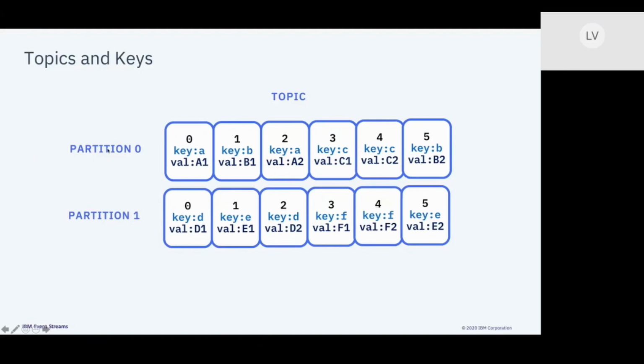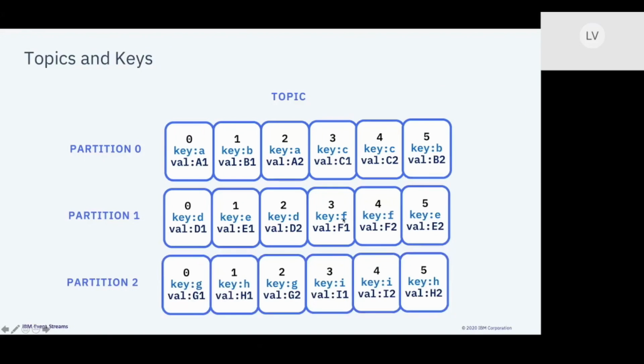In sequence here, you can see that the partition 0 is managing all the records related to the keys A, B, and C. Partition 1 is managing the keys D and F, and partition 2 is managing all records related to the keys G, H, and I, by the way. And the system is doing this automatically.